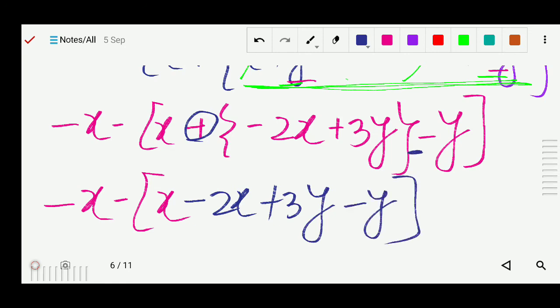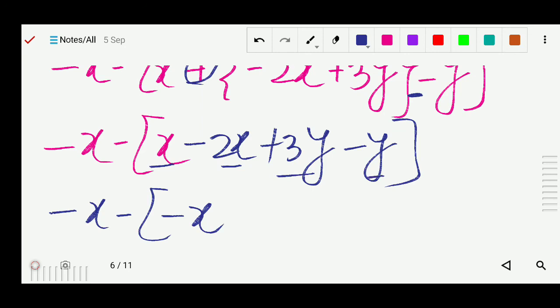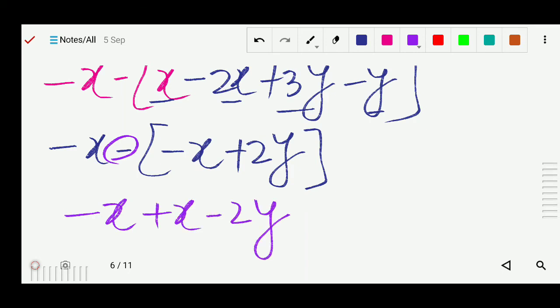Now we can solve it again, so minus x minus, so this x similar, okay, so that will be minus x plus, and this one 3y and minus y, so it will be plus 2y, okay. Now again we will remove the bracket, so you can see here the minus sign, so its sign will change, so plus x minus 2y, okay, sign will change.